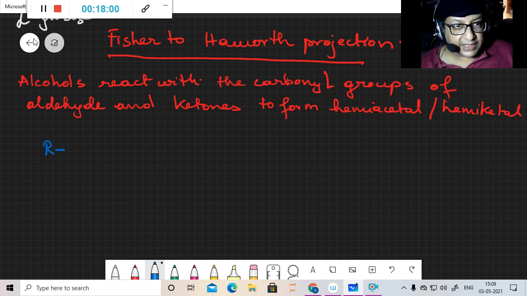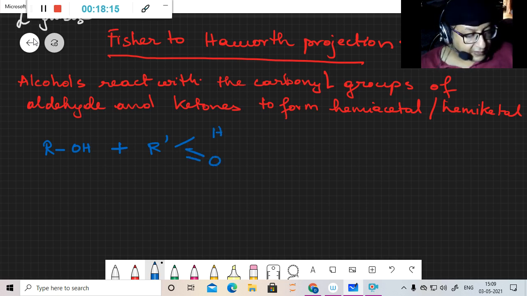This is R group, it has an OH group. This is the alcohol group. If you add with R dash, this is the carbonyl group CHO.